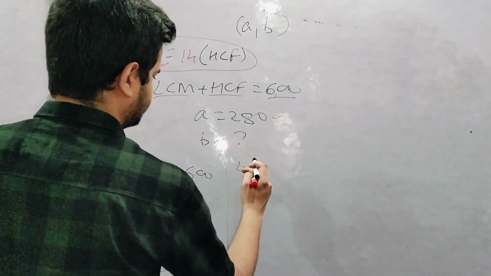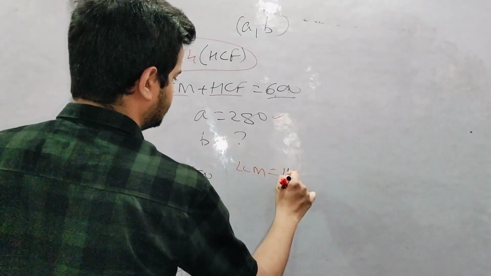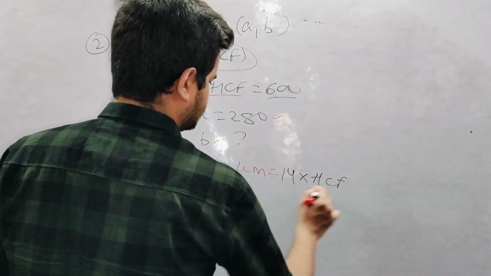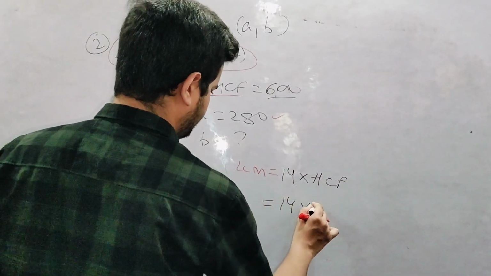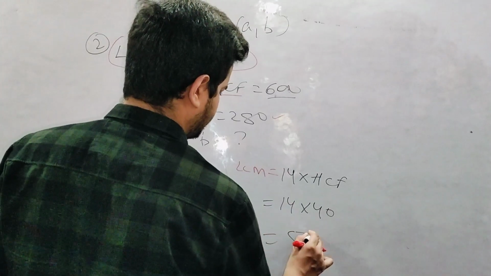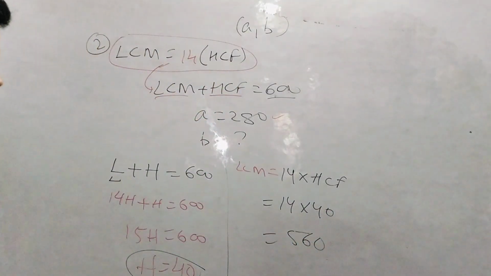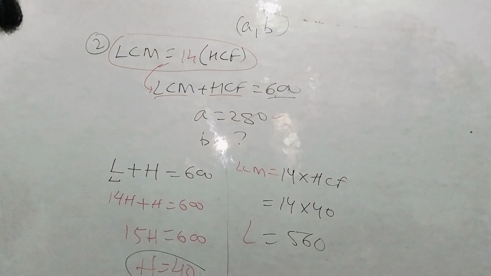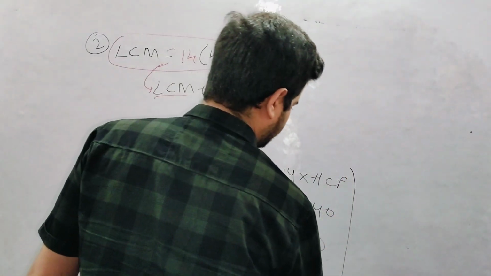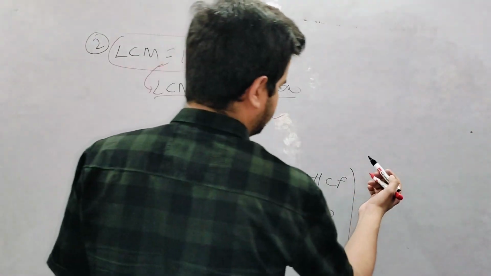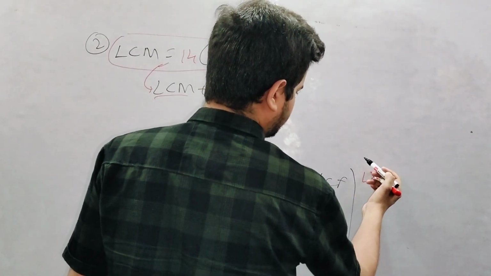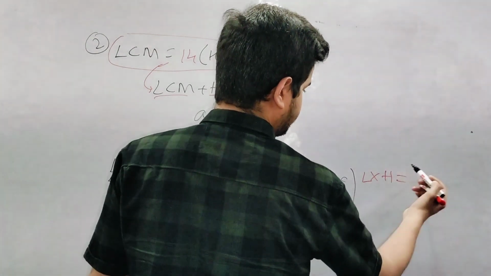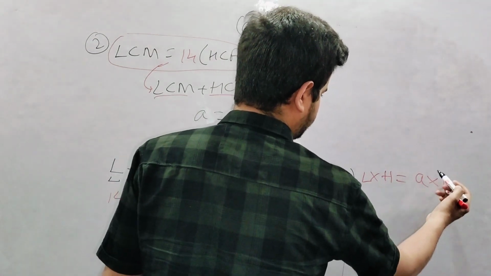So let us find the LCM now. LCM was 14 times HCF, so the LCM becomes 14 into 40, which is 560. तो उसका LCM 560 आ गया. Now there is a formula which states that the product of LCM and HCF is equal to the product of the two numbers.